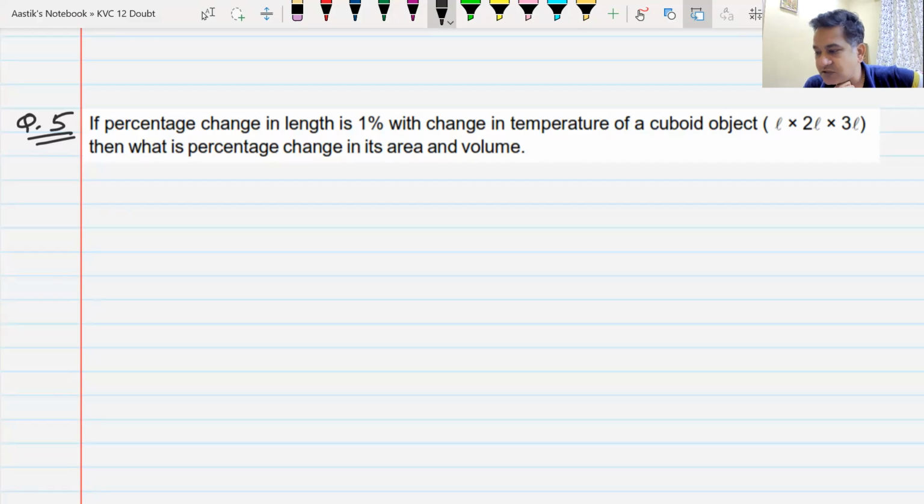That is correct. What about change in volume? 3%. Change in volume is 3%. Well done. Everyone got this answer?